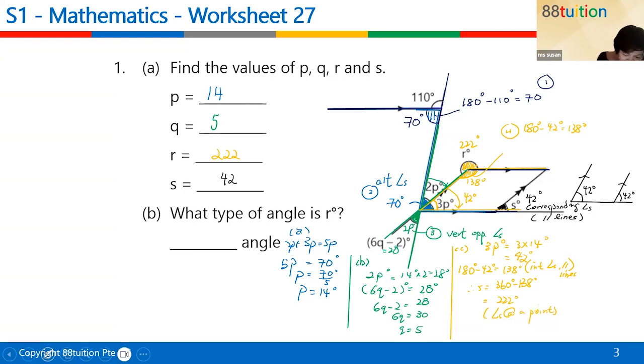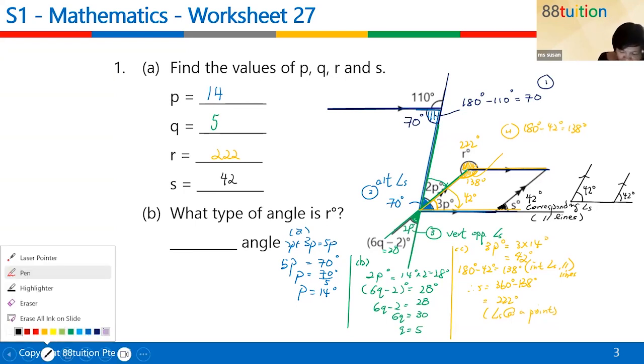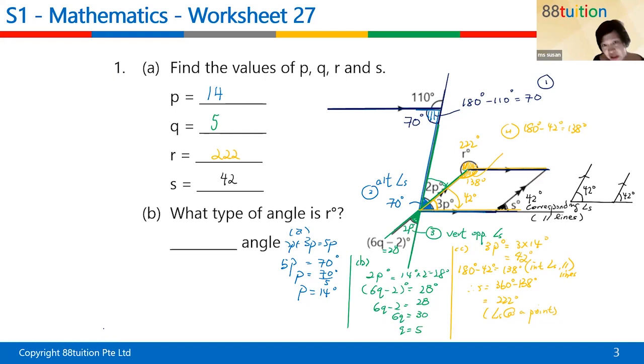So what type of angle is R called? Anyone can help me by typing in the answer? Anything that is here, what kind of angle is that? Anything that is small, we call it an acute angle, right? It is small in the sense that it is less than 90.